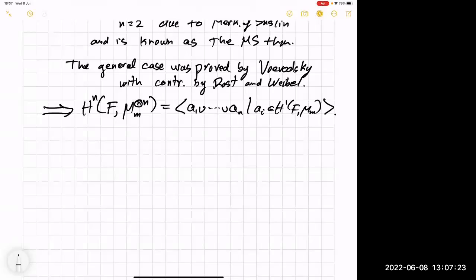So I'll just define once and for all what a symbol is. Definition: elements of the form, let's say this, are called symbols.